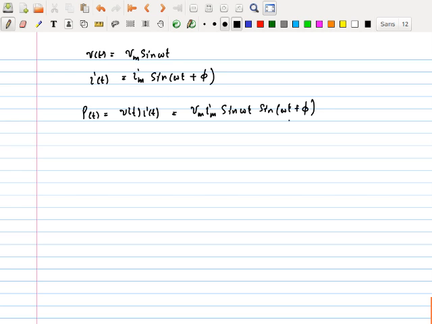Now from an advanced level, you are going to get it. There is a trigonometric identity that says sin A times sin B is equal to one half of cosine A minus B minus cosine A plus B. Use that here to split this up.